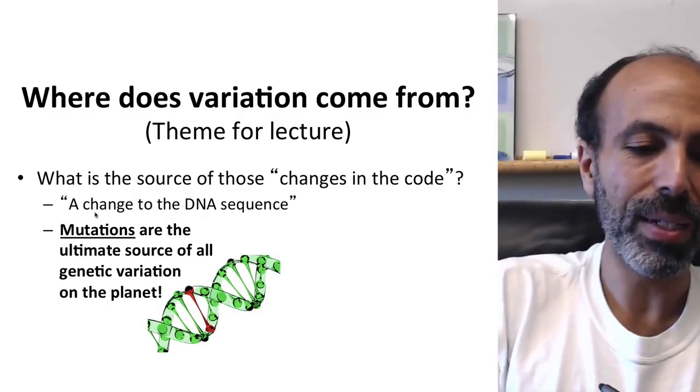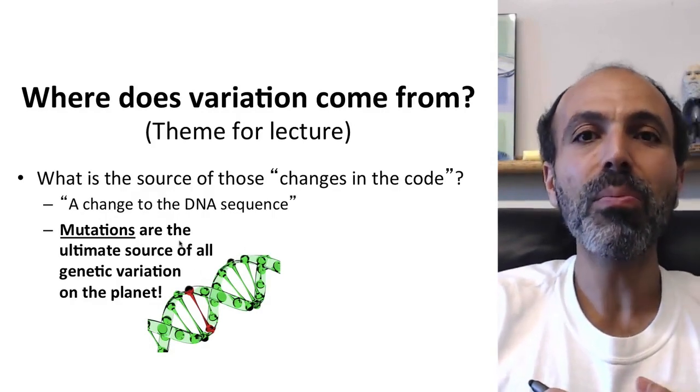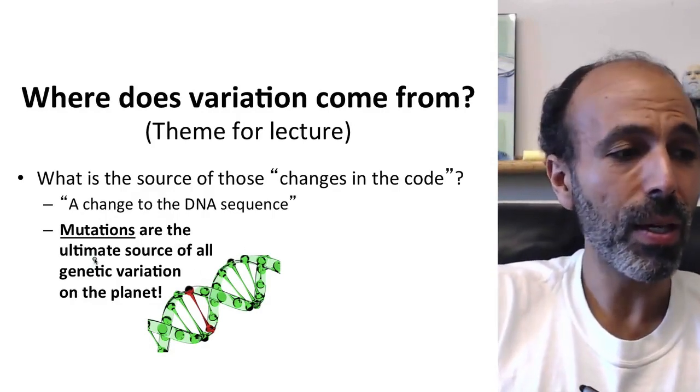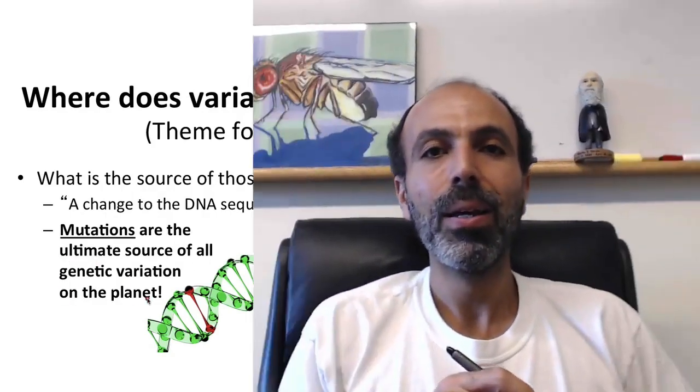Mutations are often defined in textbooks as a change to the DNA sequence, but very importantly, I'd like to emphasize they are the ultimate source of all genetic variation on the planet. Because again, if we have a single origin of life, which we do assume, a common ancestry of all existing life, then all the diversity we see has to come from iterations of mutation from that original self-replicating form.